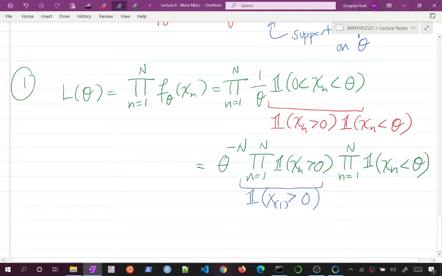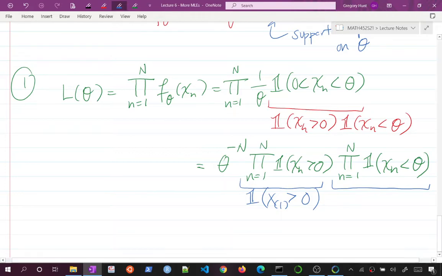The second product we can play a similar game with. This says that x1 is less than theta, and x2 is less than theta, and x3 is less than theta, etc. Conversely, this product is the indicator that they are all less than theta. If they're all less than theta, the max is less than theta, and if the max is less than theta, they're all less than theta.